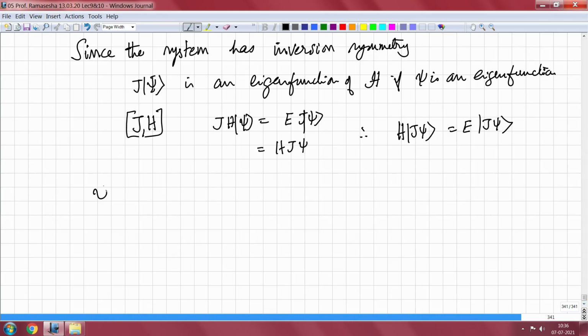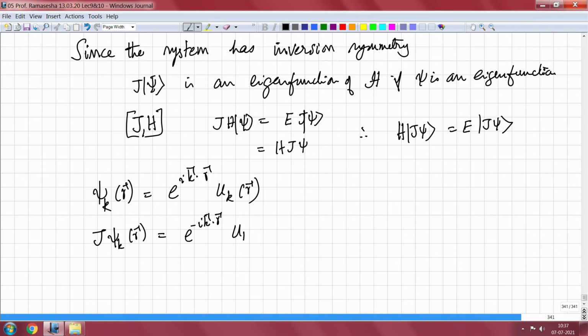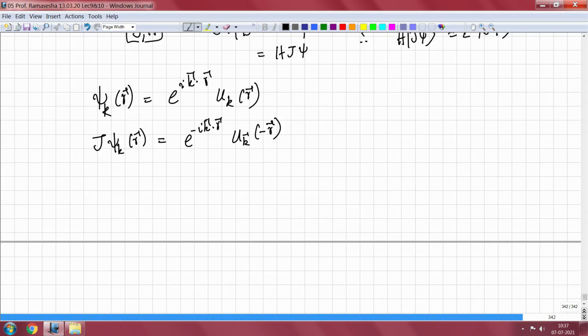So the Bloch state is psi k of R equal to e to the I k dot R U k of R. So when I take J psi k of R, this gives me e to the minus I k dot R U k of minus R. Now let us see what U k of minus R is. In order to see that, we write down the pseudo Schrodinger equation for U k of R.